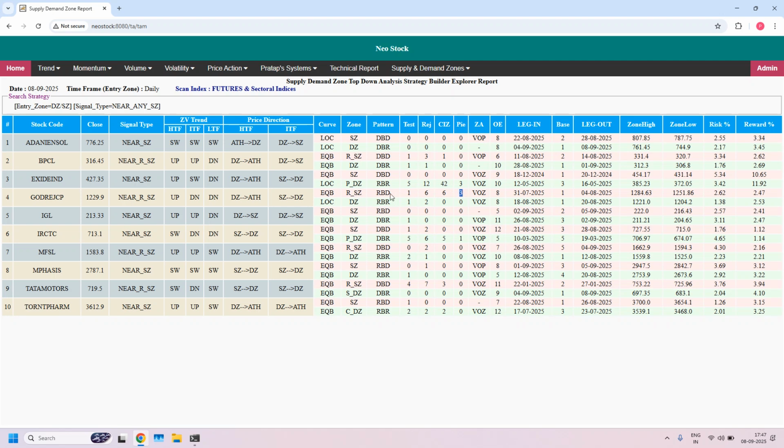Maybe you can use it for the PR surge zone strategies that you learned in lesson 28, but not the high liquidity zone strategy. You can't use this. Next one, MFSL is having a daily high liquidity supply zone. And the next one is Tata Motors. So in total, 3 daily high liquidity supply zones we identified from this list.